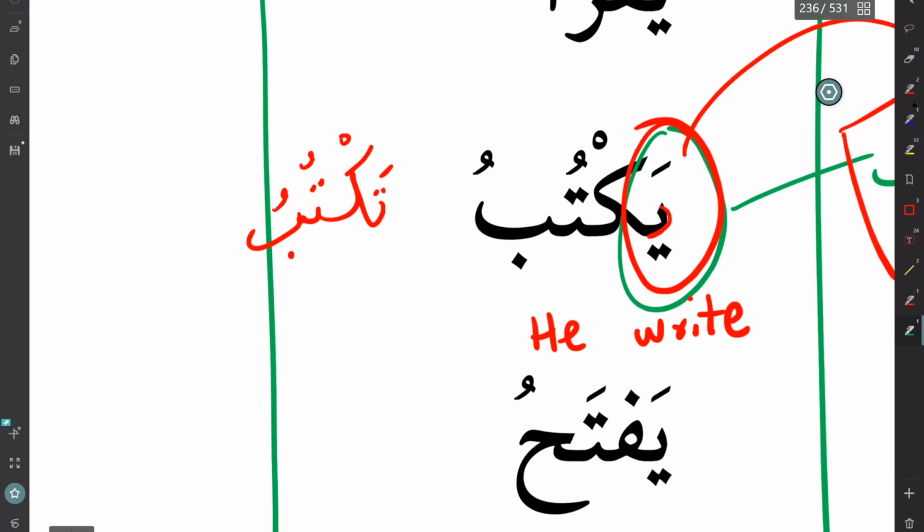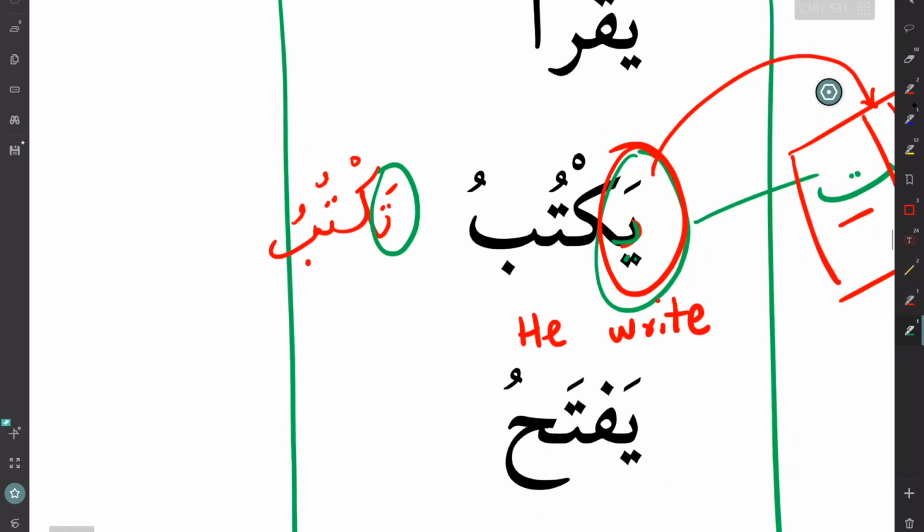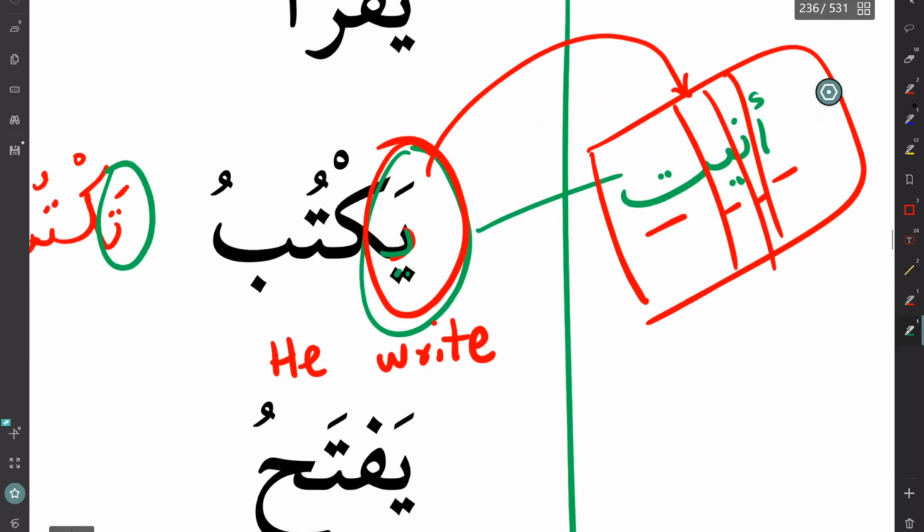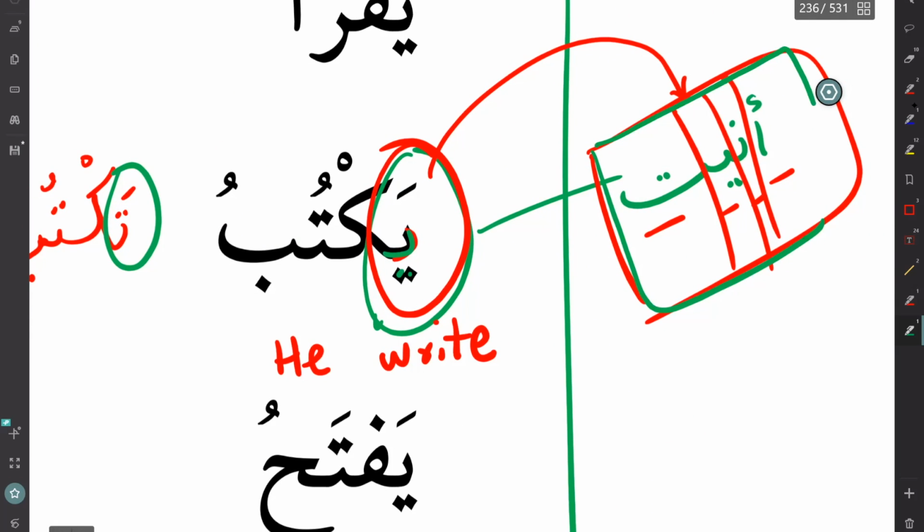So what have we done? We have changed the first letter from ya to ta. These are things we have studied before, and inshallah we'll talk a lot more in a future lesson. But right now, what you need to know is that having one of these letters as the first letter of the verb indicates that this is a present tense verb.